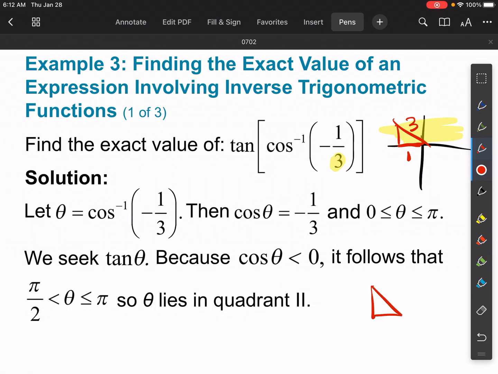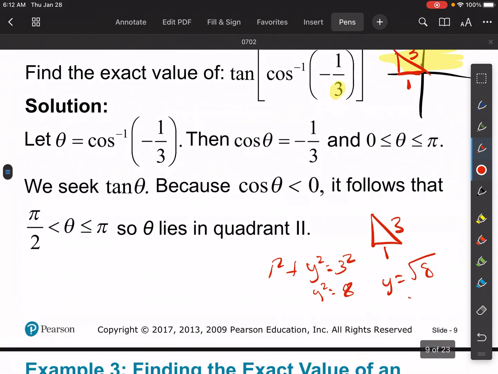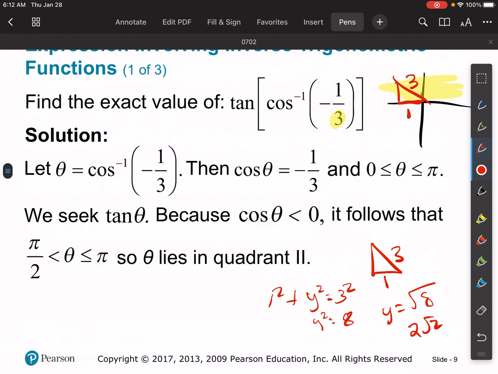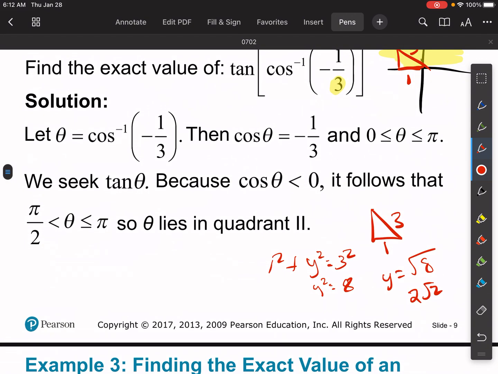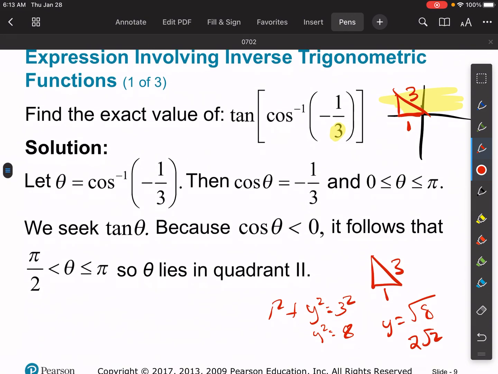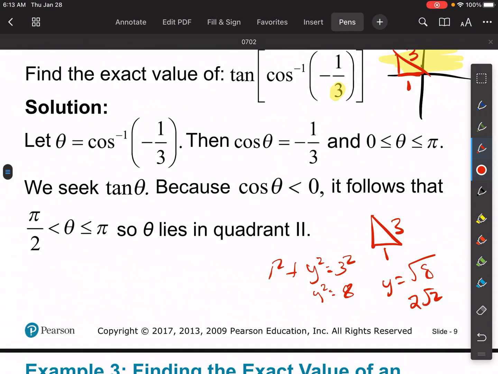So we can draw the triangle, right? We have 1 squared plus y squared is equal to 3 squared. So y squared is equal to 8. Therefore, y is equal to the square root of 8, which is equal to 2 root 2 when you simplify that down. All right, so the y value is equal to 2 root 2. I know my x value is equal to -1.